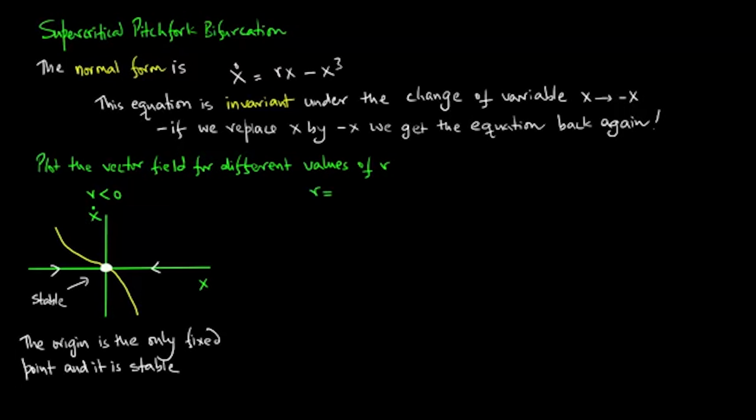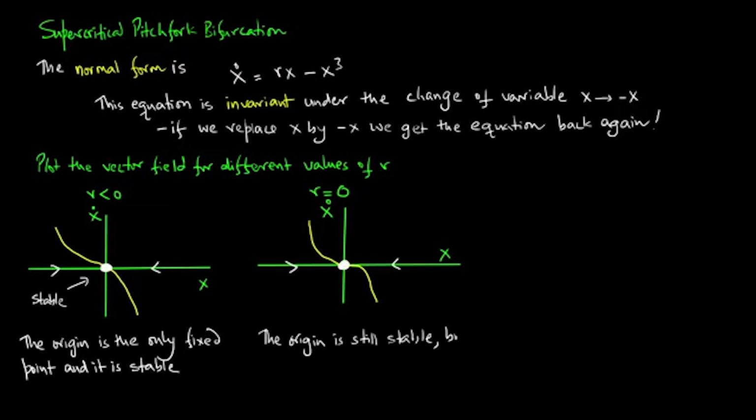Now consider r is equal to 0 and plot x dot versus x. We again have only one stable fixed point. The origin is still stable, but note that the linearization actually vanishes.